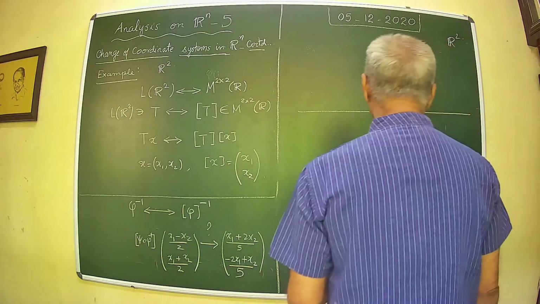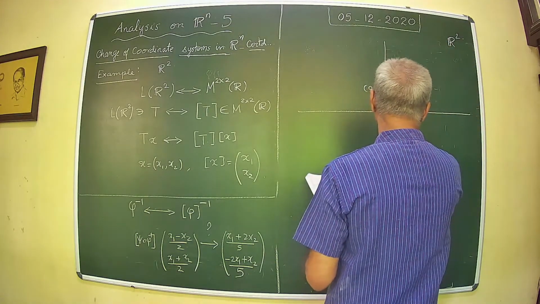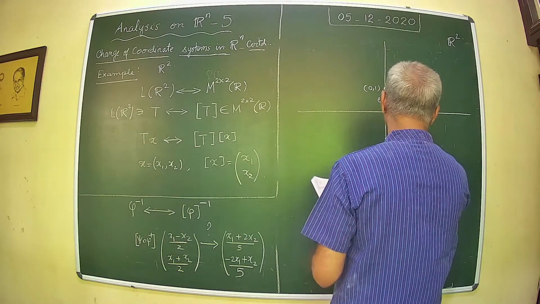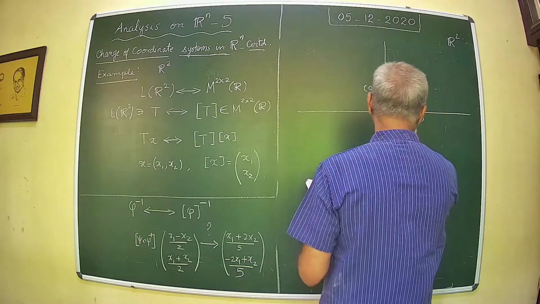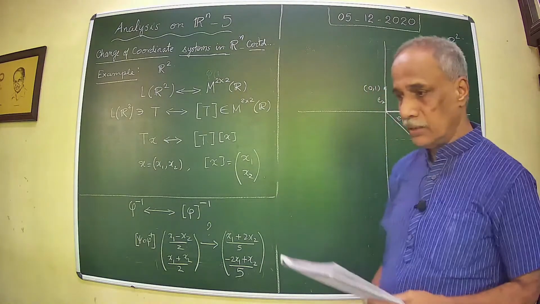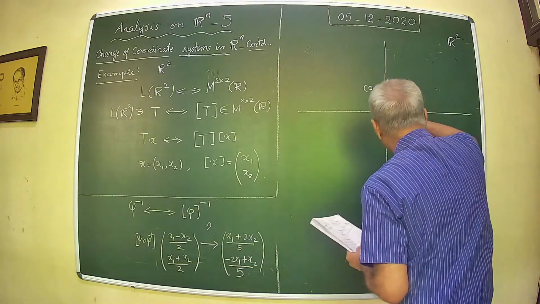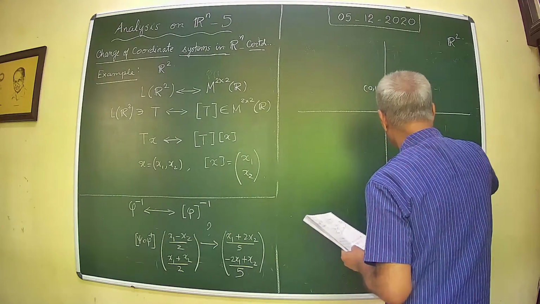So this is the second basis, and let me use a different color. This is one of the axes or coordinates that you use.